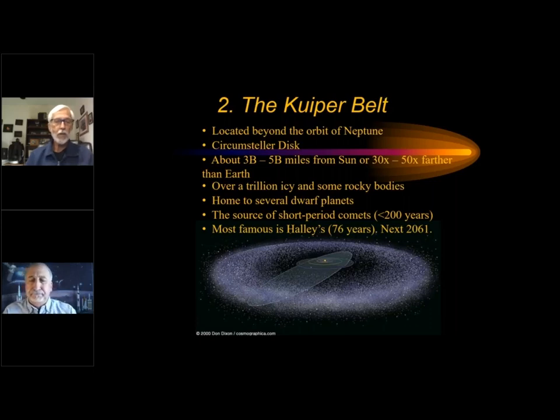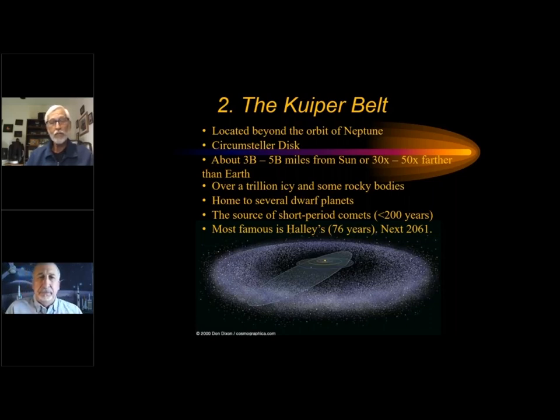Now this is the home of comets to be, of icy balls. So there are estimated to be over 1 trillion of them, but there are some rocky bodies mixed in with those trillion snowballs. Now I just want to mention that that's a very significant thing to bring up, and we won't get into it in detail, but the Kuiper Belt is actually the home to several dwarf planets.